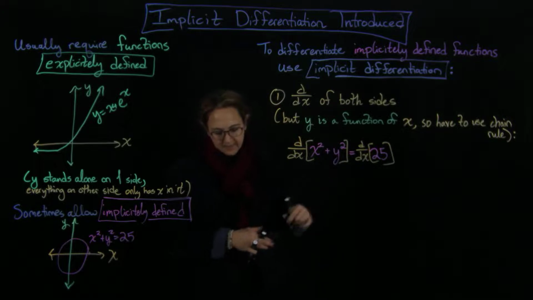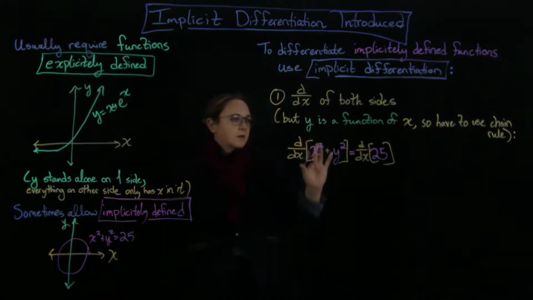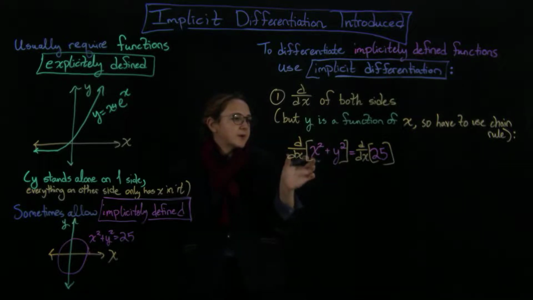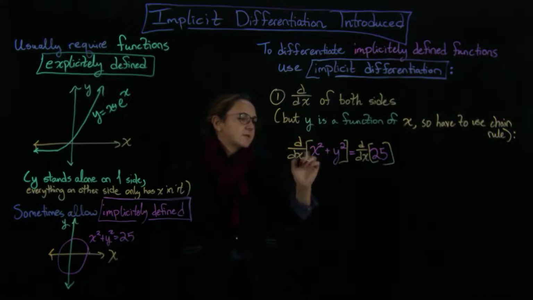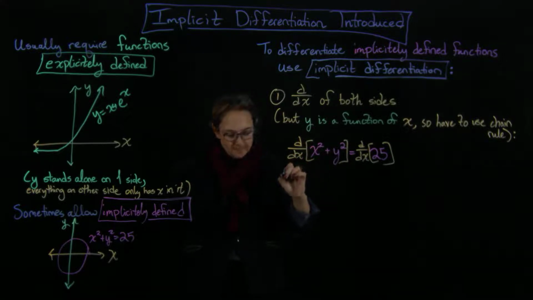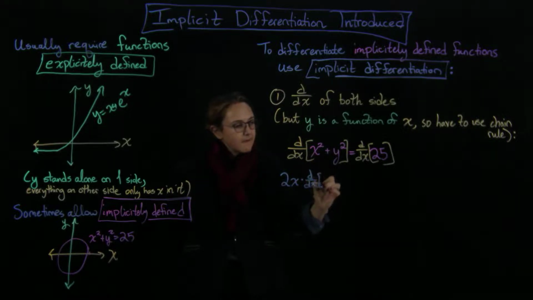And what am I going to get? Well, we can still break this apart and do this one and then this one. So when we take the derivative with respect to x of this one, we're going to get 2x times the derivative with respect to x of x.